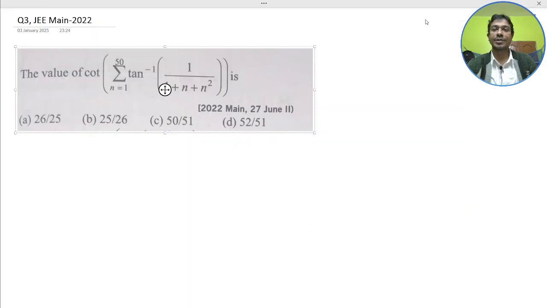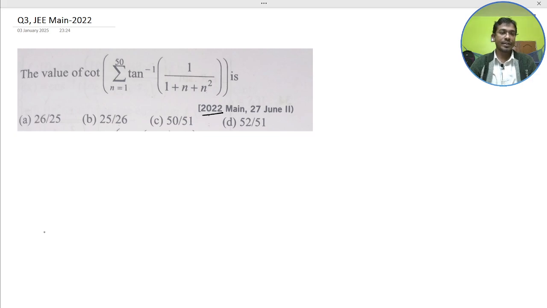Also a recent type of question. I just chose it for your better concept, a recent type of question that came in JEE Main 2022. It says: the value of cot of the summation n from 1 to 50 of tan inverse 1 by (1 + n square) is what?